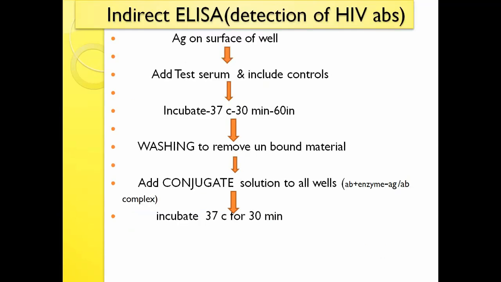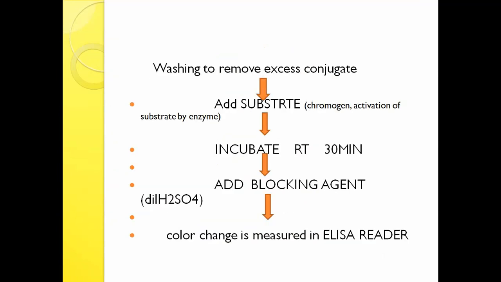So moving to the procedure again: antigens are coated to the well surface, add the test serum and the controls, incubation. After incubation do the washing to remove the unbound antibodies, or unbound material. Now add the conjugate, which will bind to the antigen antibody complex, and incubate. After incubation, do the washing to remove the excess conjugate.